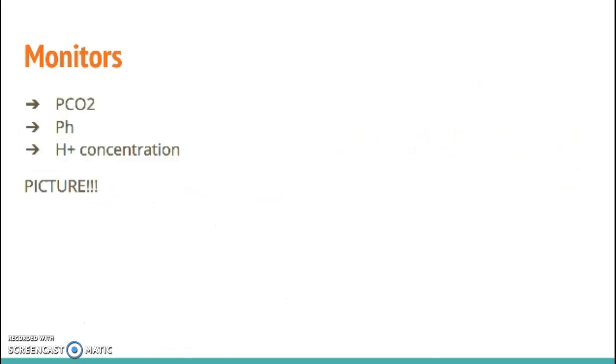So what is it actually monitoring? It's going to be checking the partial pressure of CO2, carbon dioxide, pH, and H concentration.